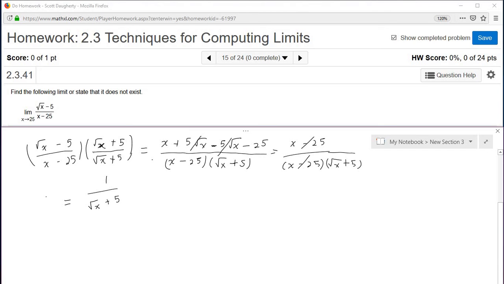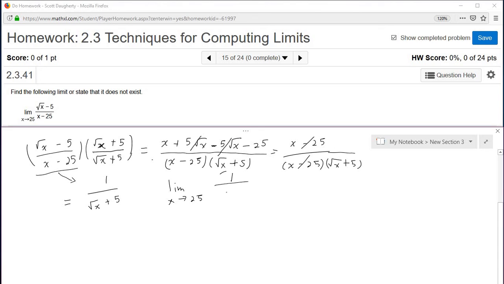And so all I've done here is the original form that I had, this function here, that's the same thing as this. They're equal to each other. So then when I go back to evaluate the original limit, the limit as x approaches 25, instead of substituting into the original function that we were given, we can substitute it into this manipulated function that it's equal to.